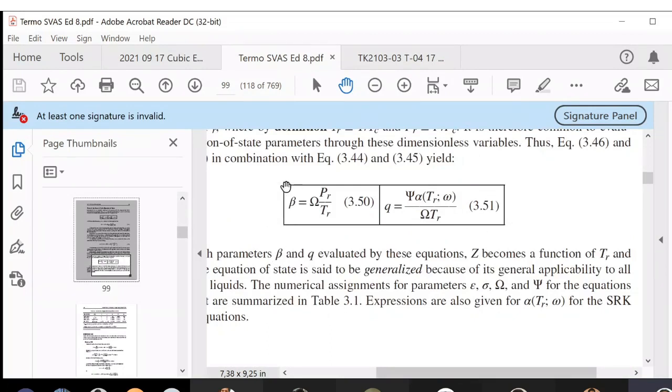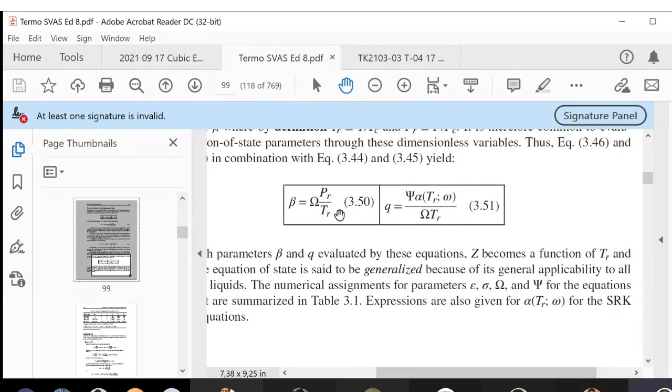In order to calculate beta and Q, we need to get omega. This is the capital omega. And we need to have psi, we need to have alpha as a function of TR and omega. We need to have omega capital, we need to have TR over here.